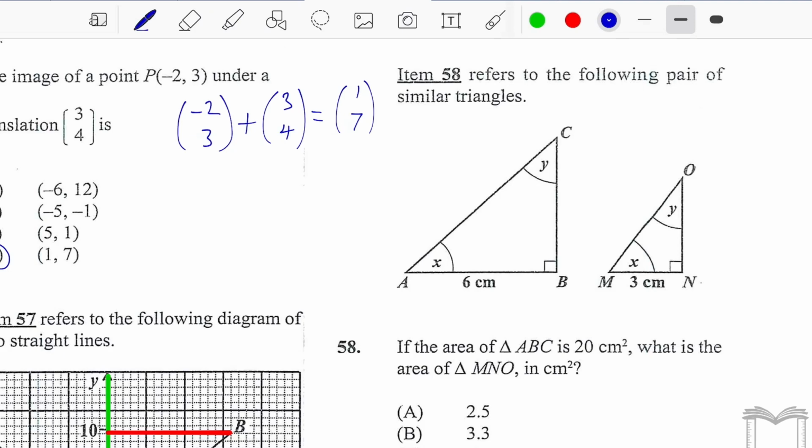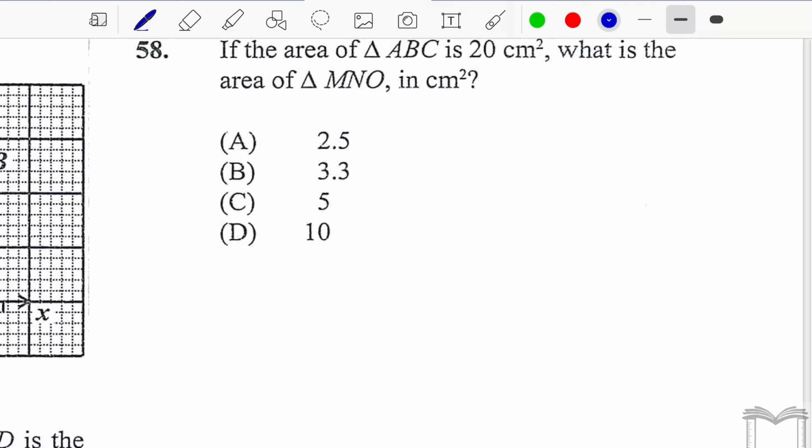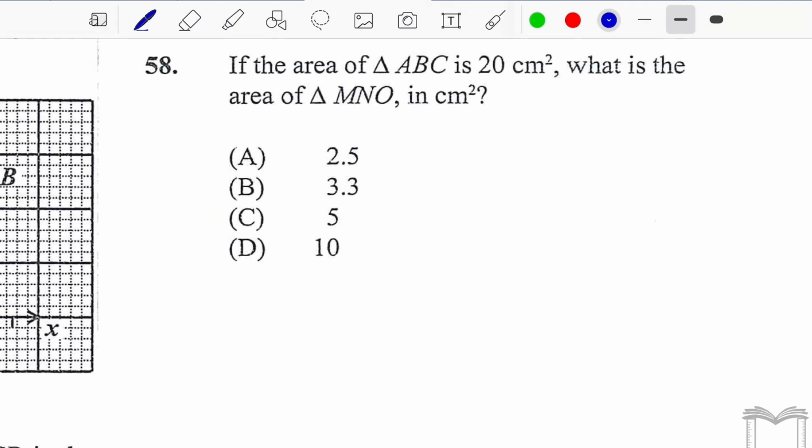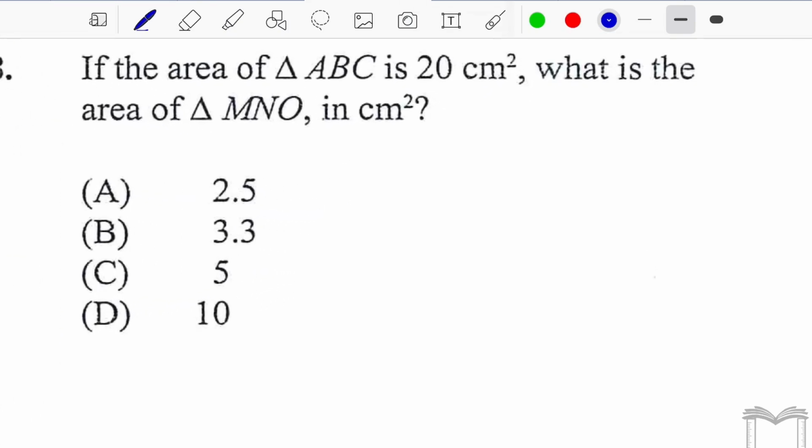Item 58 refers to the following pair of similar triangles. If the area of triangle ABC is 20 centimeters squared, what is the area of triangle MNO in centimeters squared? So if you recall, there's a formula that says the ratio of the areas of similar triangles.